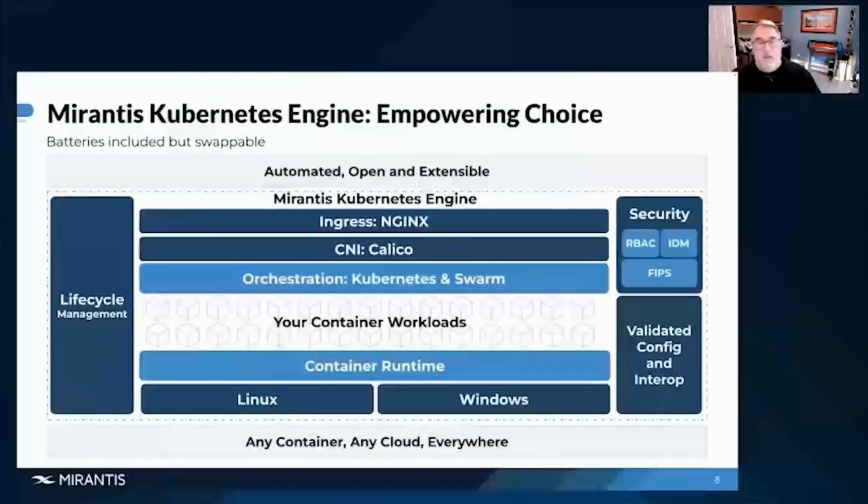And then on the network side and ingress components, we provide Calico for your networking and Nginx for ingress, giving you that flexibility. It's an all-in-the-box solution for Kubernetes-based deployment, but as we'll see in a moment, with the ability to change those out for your particular needs.